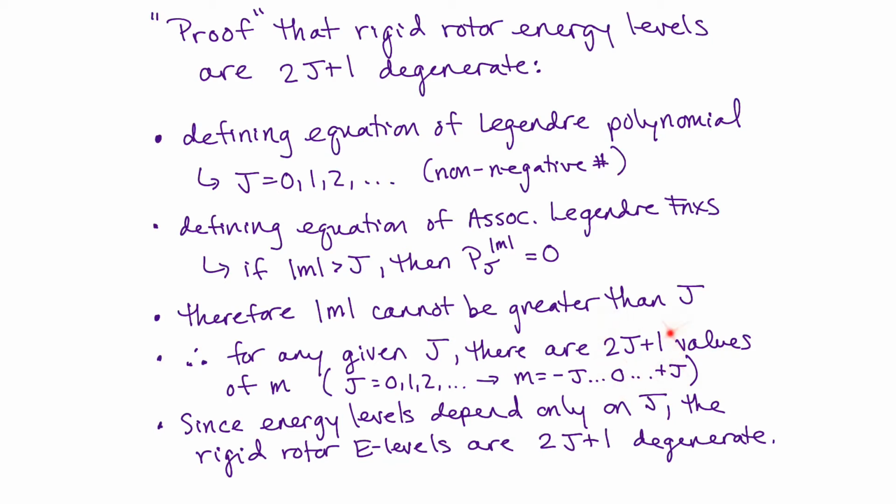That's what gives us that 2j plus 1 value. Since our energy levels depend only on j, our rigid rotor energy levels also end up being 2j plus 1 degenerate. So that's where that degeneracy comes from. It all comes from the caveats that come along with solving the theta part of the spherical harmonic wave functions.